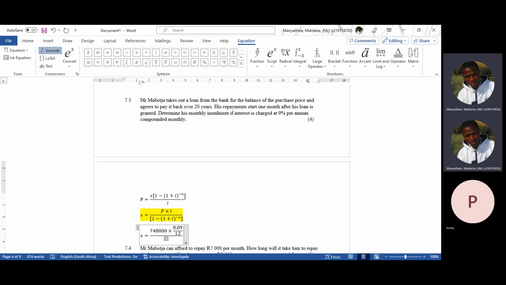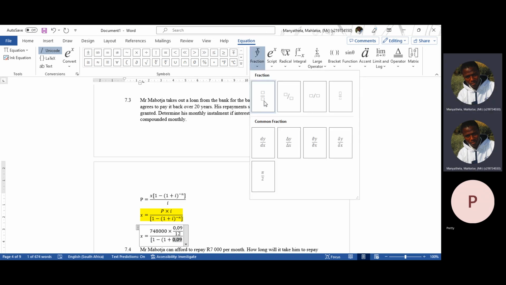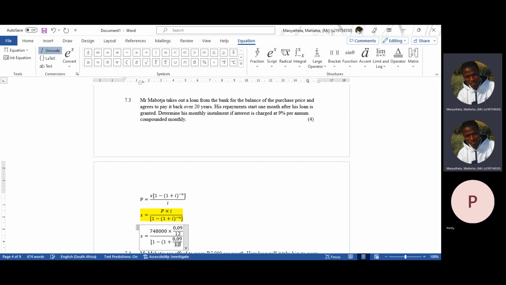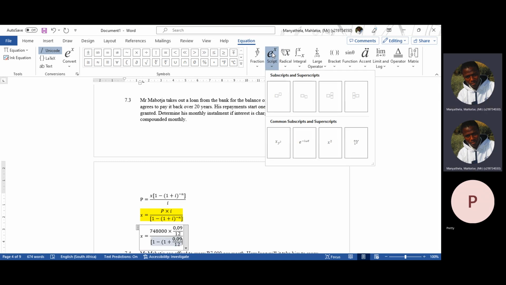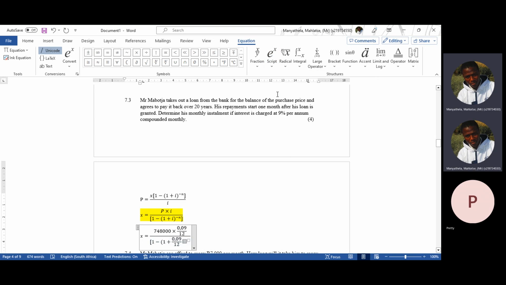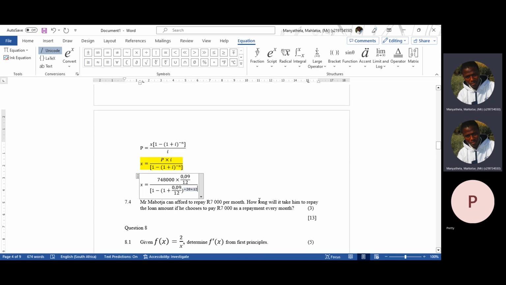On this side we have 1 minus, in brackets, 1 plus 0.09 over 12, to the exponent negative 20 times 12, because it's compounded monthly.